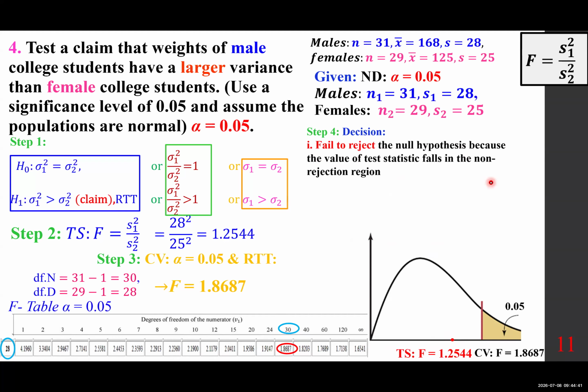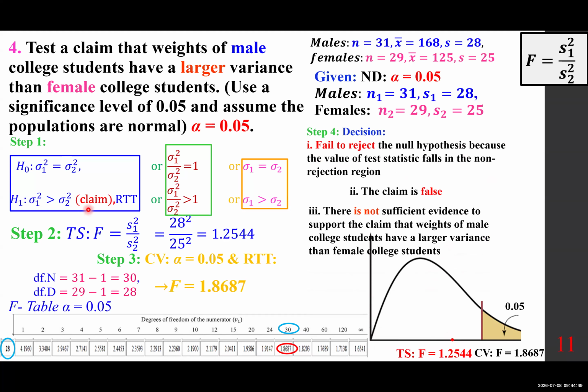So if you are not rejecting H0, you're rejecting H1, which is the claim, and the claim becomes false, and you keep on writing: there is not sufficient evidence to support the claim that weights of male college students have a larger variance than female college students. So that's pretty straightforward.